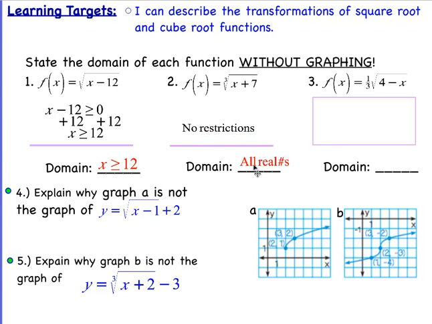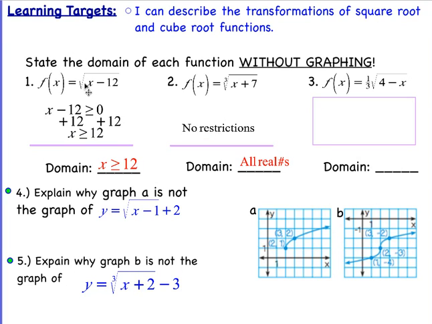And that is going to be the case whenever you're dealing with an odd root. So when the index is an odd number, such as 3, 5, 7, any odd number that you can think of, you will not have any restrictions on your domain for that function.